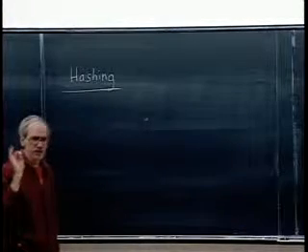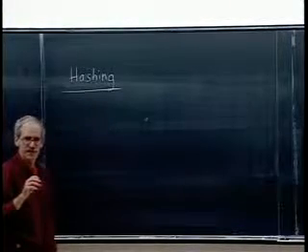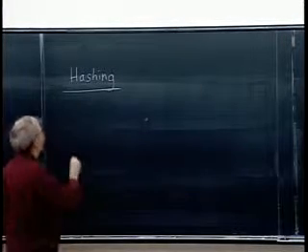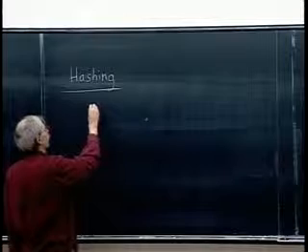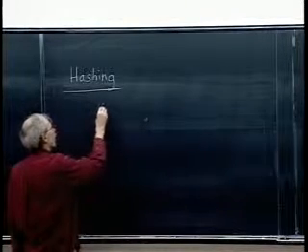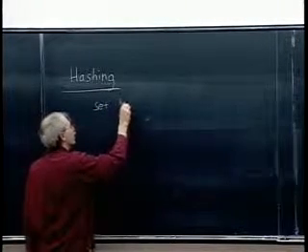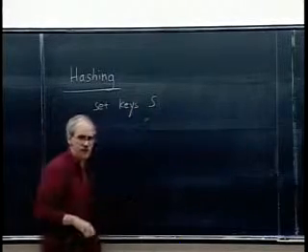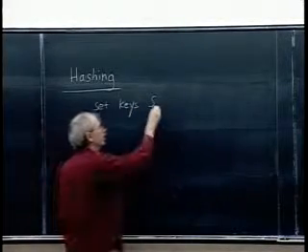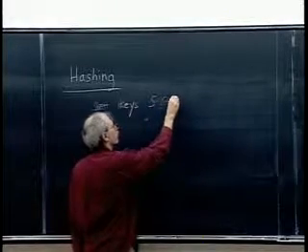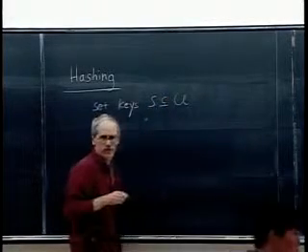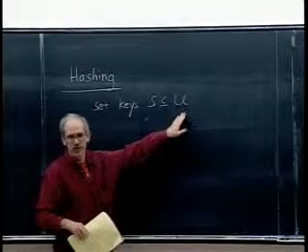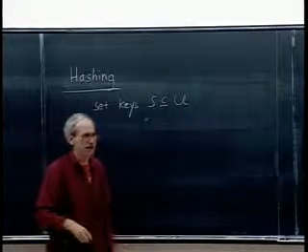So maybe just as an initial reminder, the basic idea of hashing is that you typically have a set of keys, which I'll denote capital S. And these keys come from some universe that I'll call U. So U is the possible keys that you might be storing.